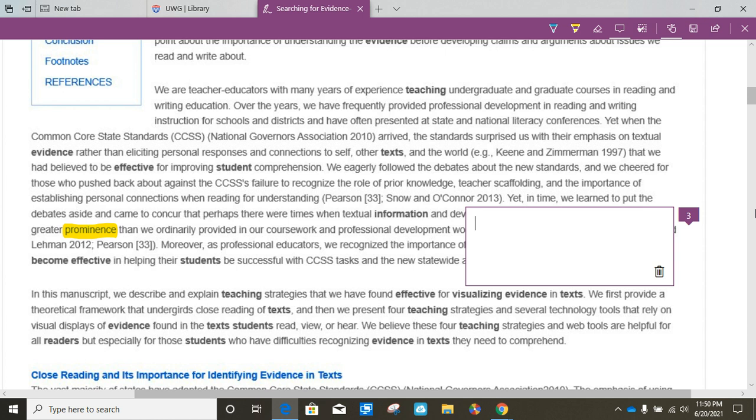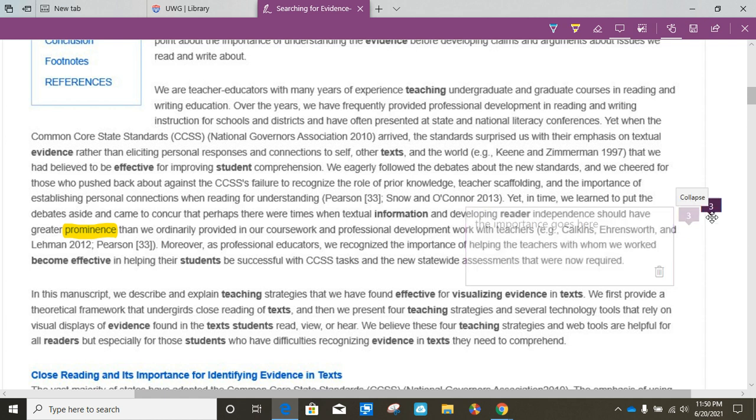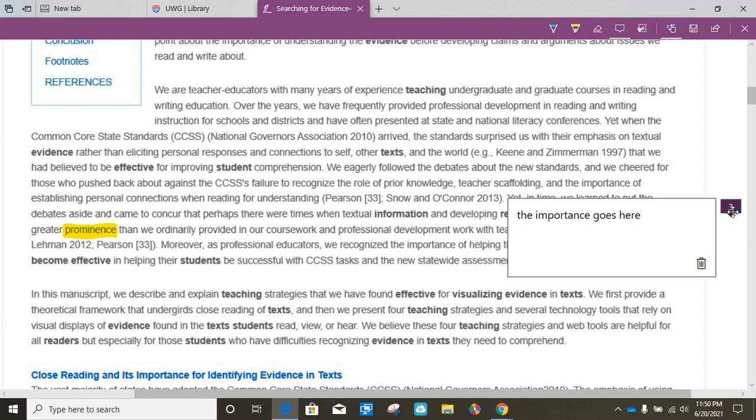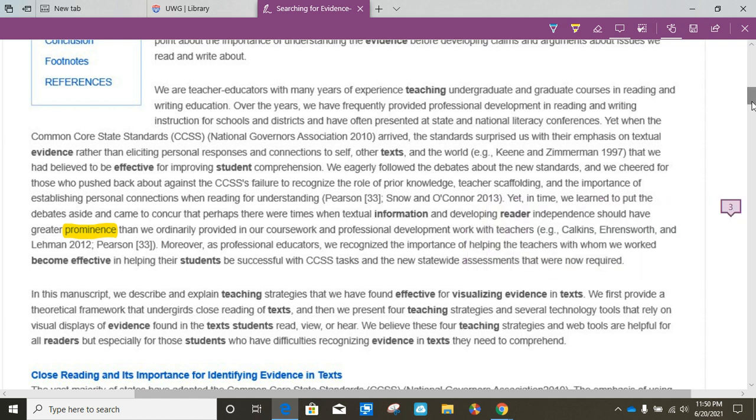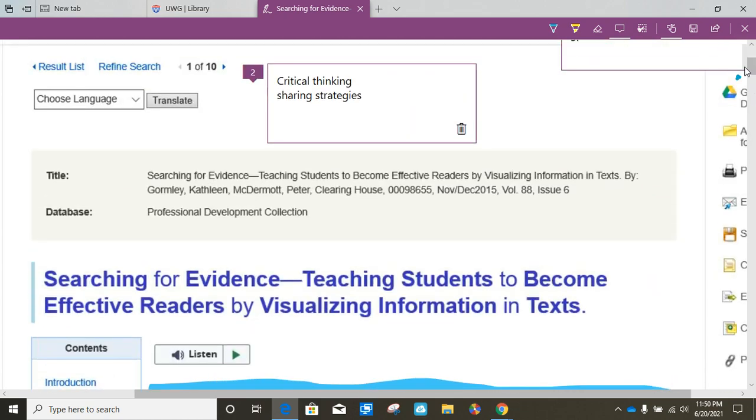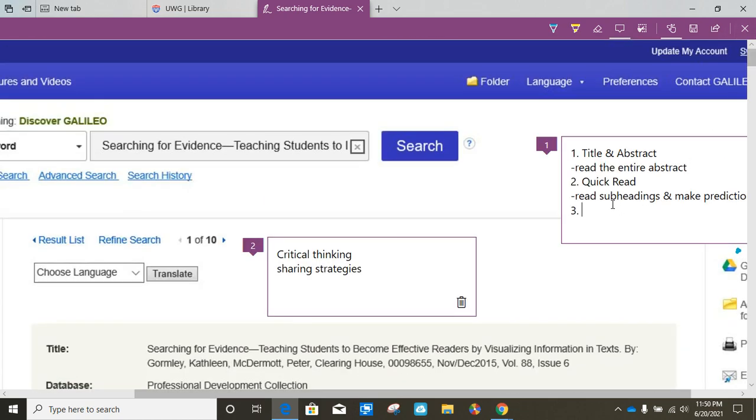So you're going to put the importance of this paragraph or statement in your notes on the side. So that is part of our annotation process.